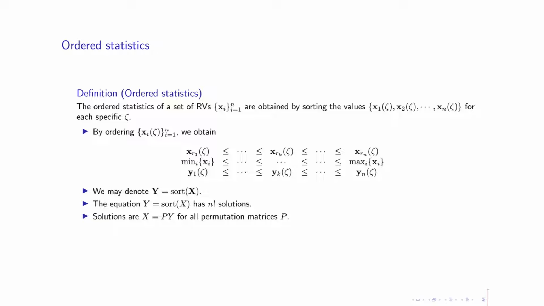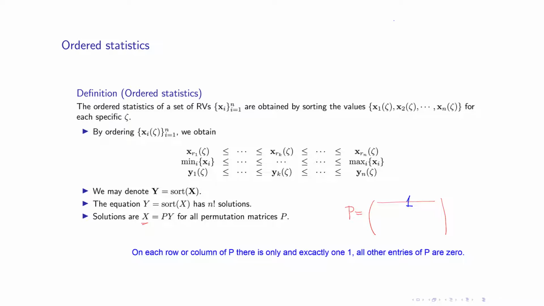So for the set of possible solutions, one solution is x equals p y, where p is a permutation. Remember that p is a matrix whose entries are all zeros or ones. On each row you have only one 1. For instance, here you could have 0, 0, 0, 1. If you have 1 here, then everything else on this column and on this row is 0.